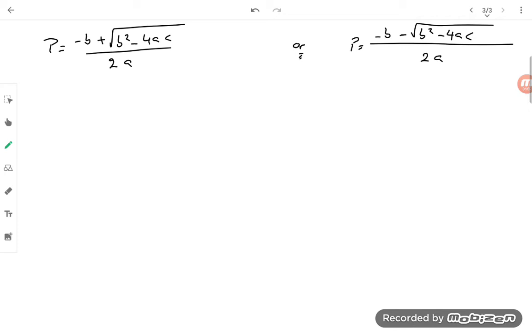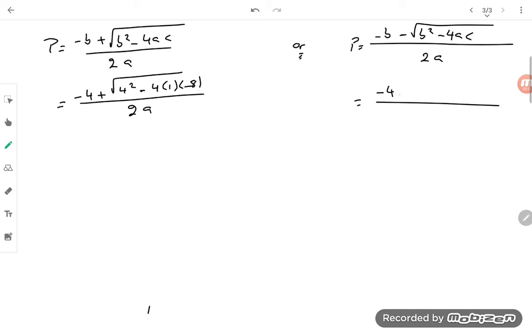By substituting in the equation, it will be negative 4 plus the square root of 4 squared minus 4 multiplied by 1 multiplied by negative 8, divided by 2a, or negative 4 minus the square root of 4 squared minus 4 multiplied by 1 multiplied by negative 8, divided by 2a, which is 2 multiplied by 1.